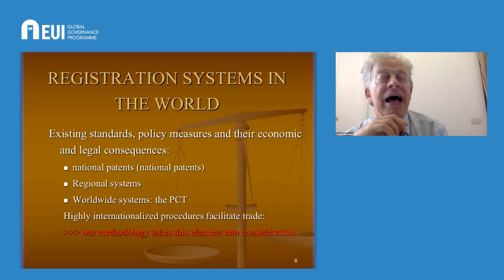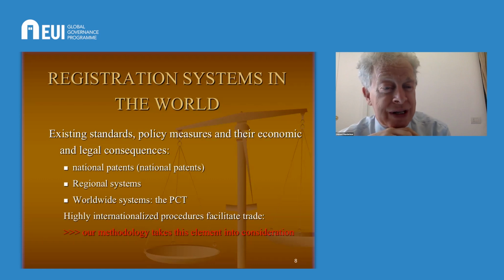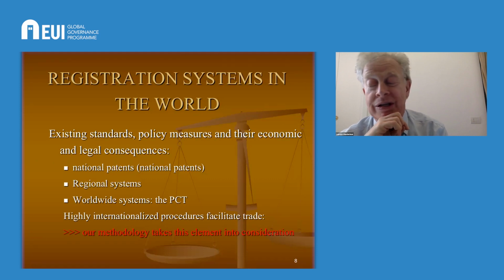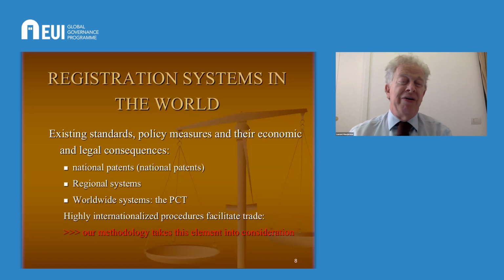So do the ARIPO, OAPI, and Eurasian systems. So these are the three ways to get a patent. Clearly enough, and this is for those who work on the methodology in their everyday life, the more a country is in these systems, in particular the PCT, the more the country is internationalized and therefore digital trade friendly for trading on inventions.